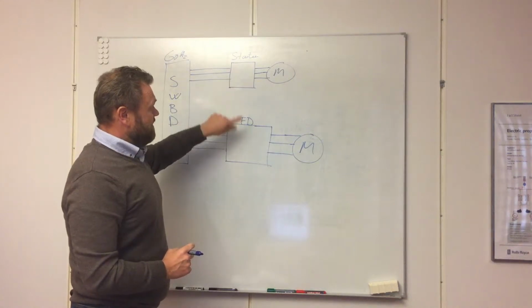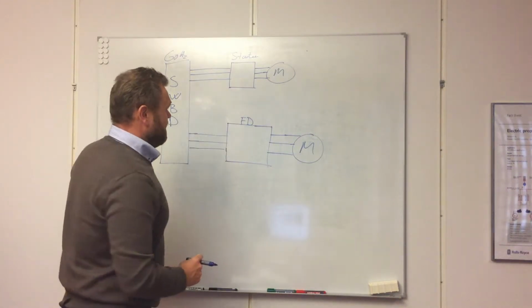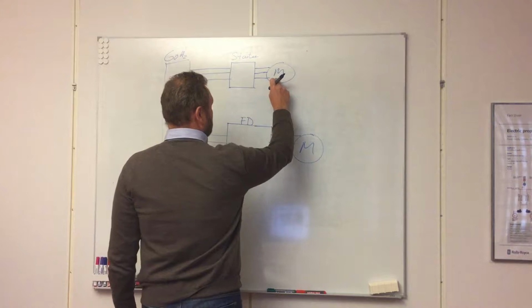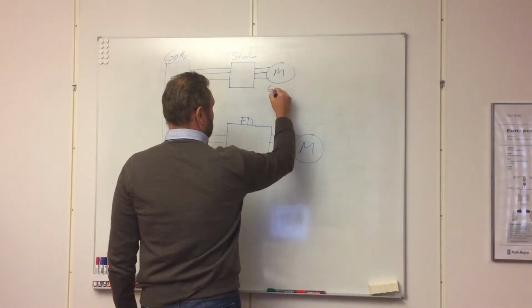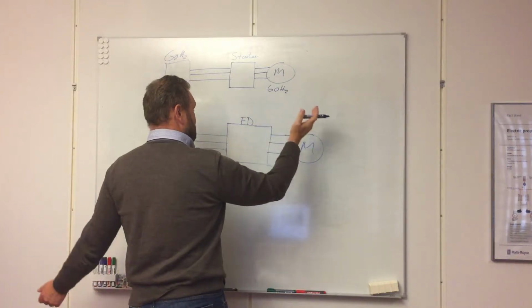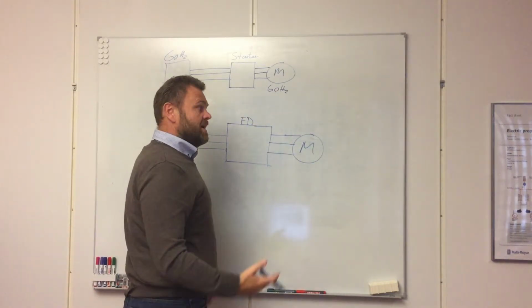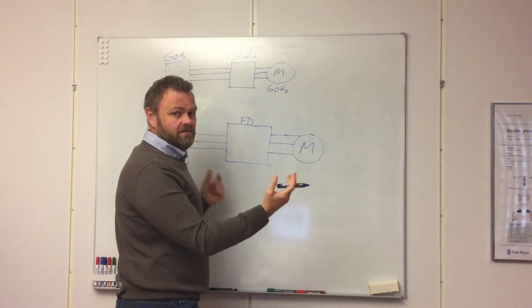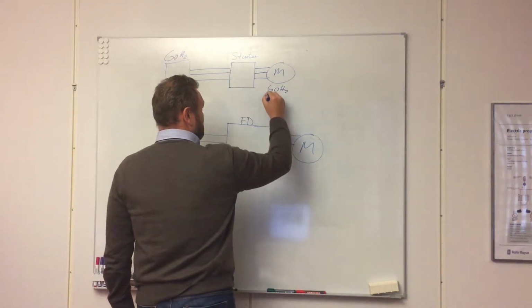Basically, the main difference is that this one has stable 60 Hertz input and stable RPM. Let's indicate 1200 RPM.